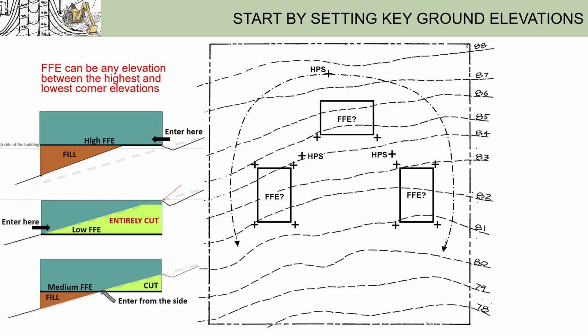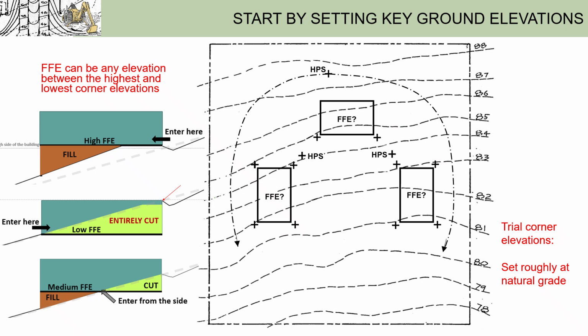So the corners are where we start for this exercise because they determine the shaping of the ground, including the swales. So now let's set some trial elevations for the corners. How do we do that? We'll set them at roughly the natural grade of that location. And why is that?